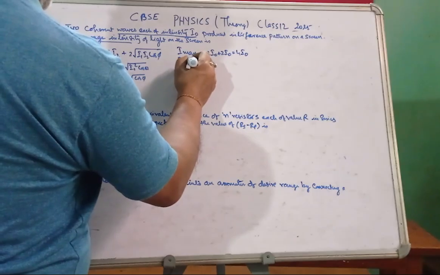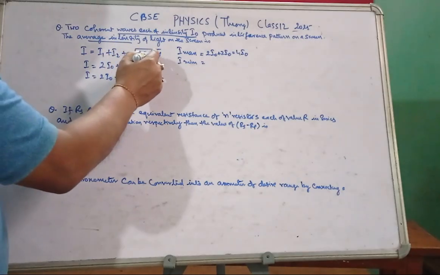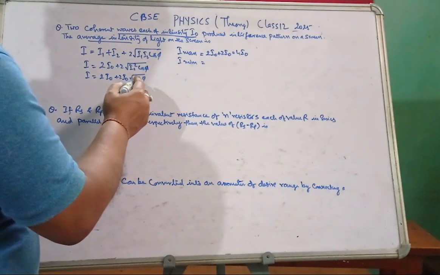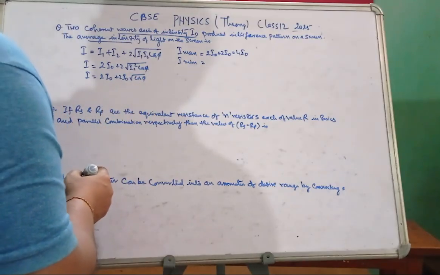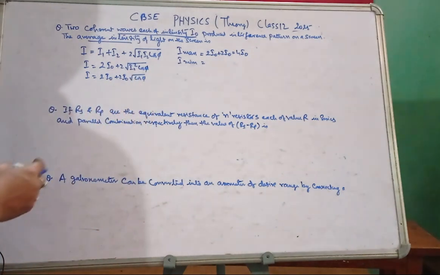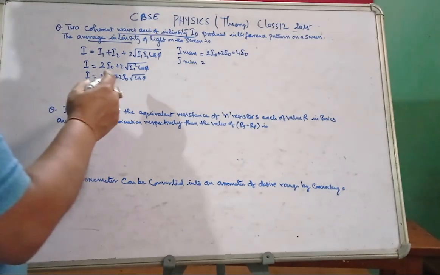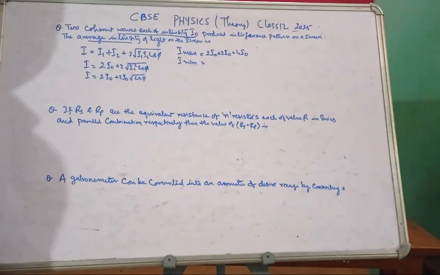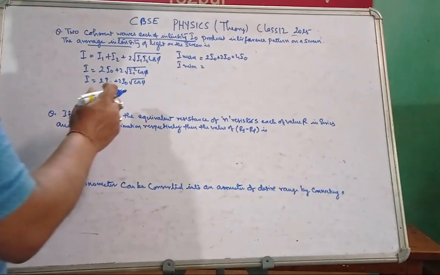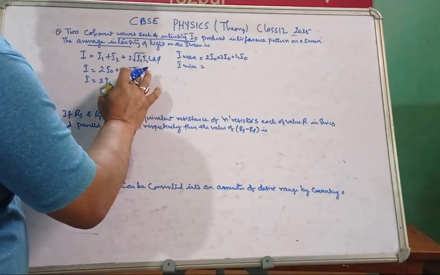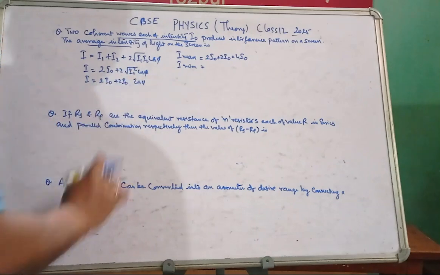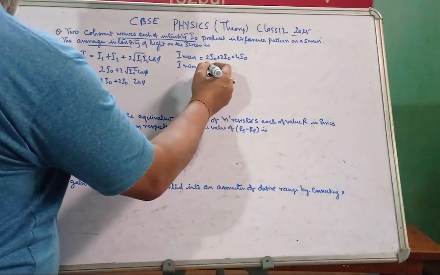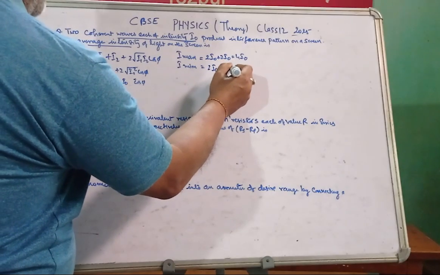And I is minimum when phi is pi, that is 180 degrees. When phi is 0 it is maximum, and when phi is pi, cos phi is minus 1, so it is 2 I naught minus 2 I naught, which comes to 0.